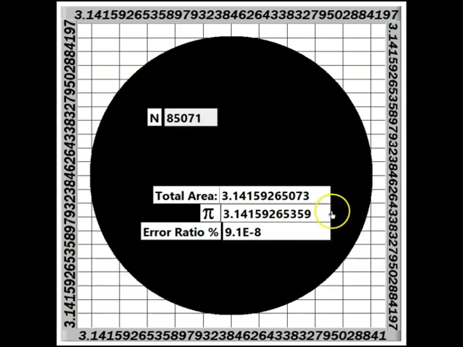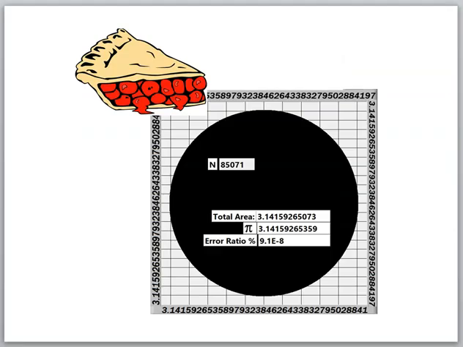And at this point, what we see is that we get good agreement to 1, 2, 3, 4, 5, 6, 7, 8, 9 digits of the value. If we kept on going, we could get closer and closer, but I think we've proven our point.